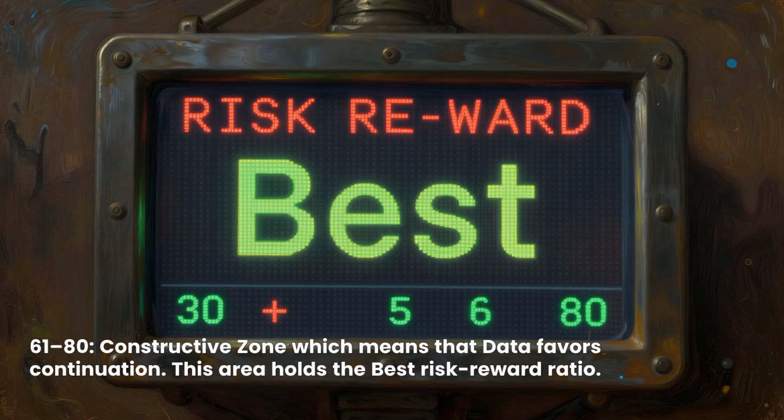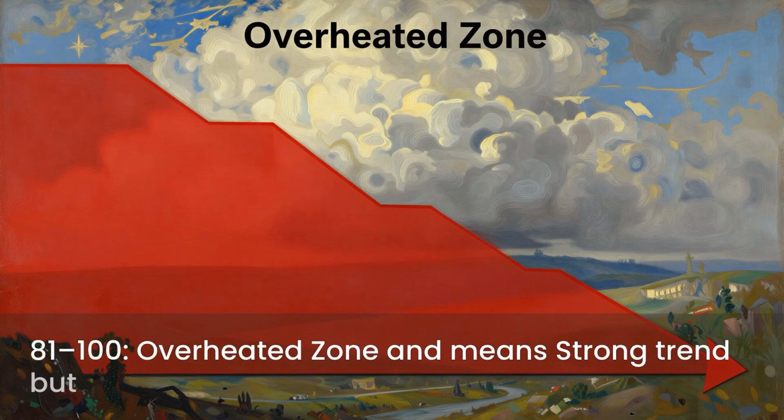This area holds the best risk-reward ratio. 81 to 100 is overheated zone and means strong trend but growing blow-off risk.